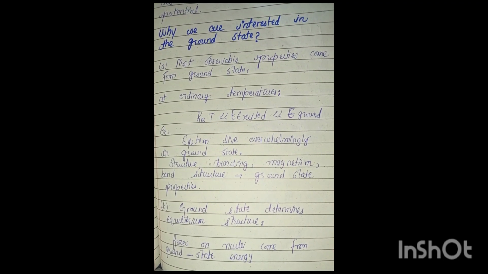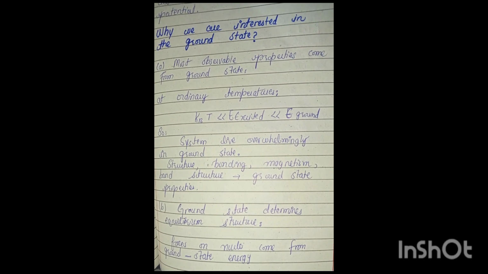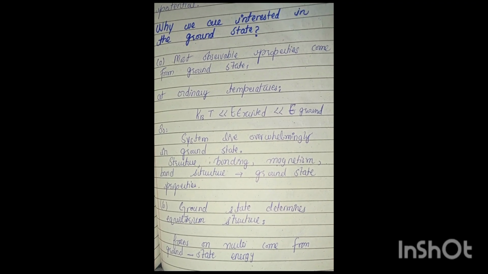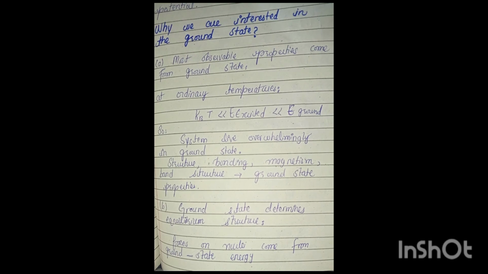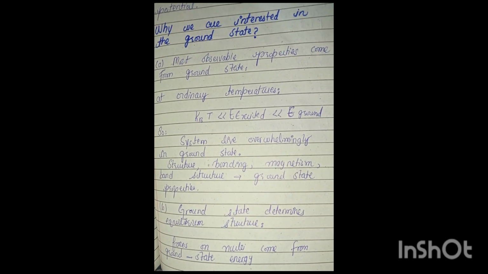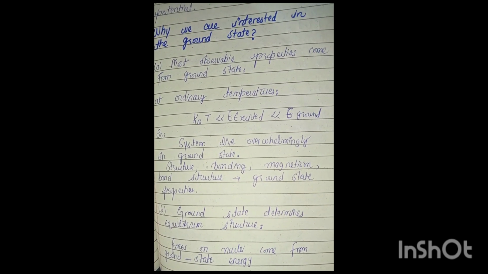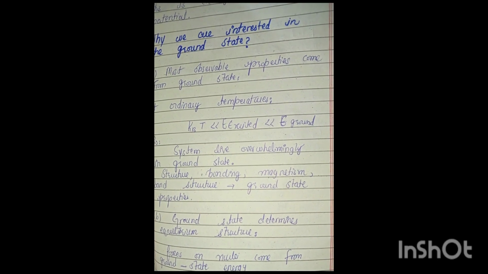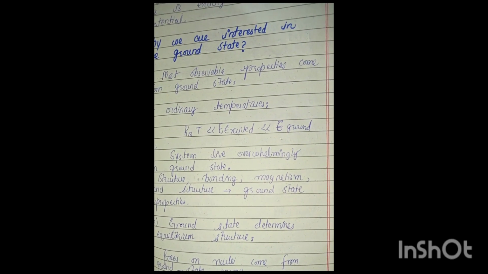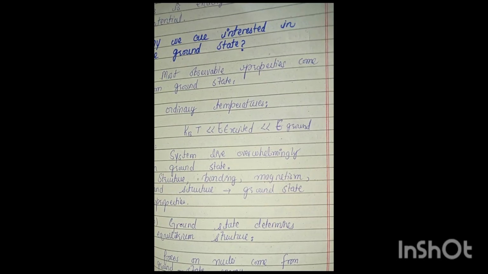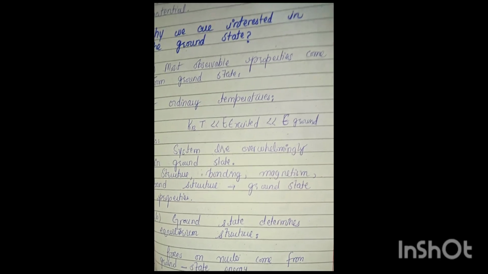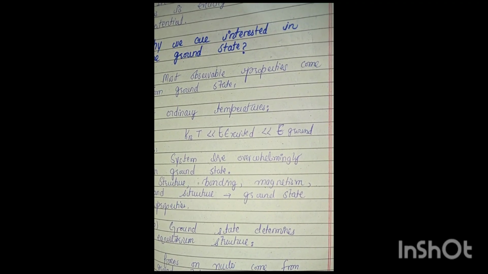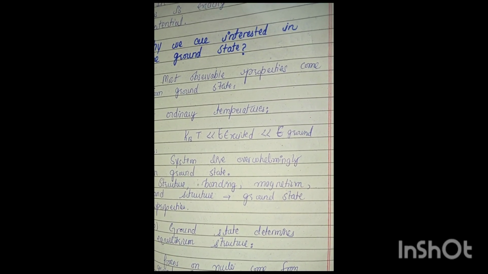Because most observables come from the ground state, and structure, bonding, and magnetism are all ground state properties, and the ground state is the one that defines the equilibrium structure. And when we talk about the variational principle, it is only valid for the ground state. For the excited state, it is slightly harder.